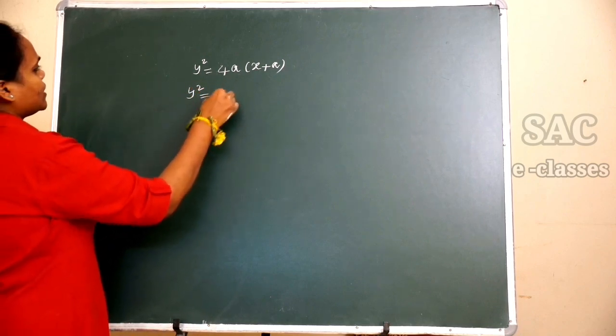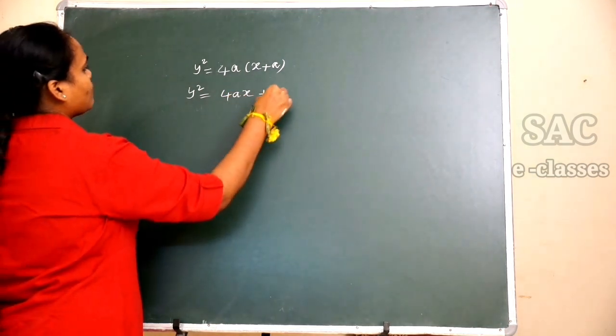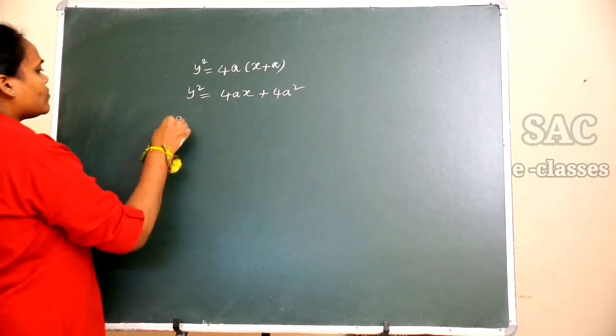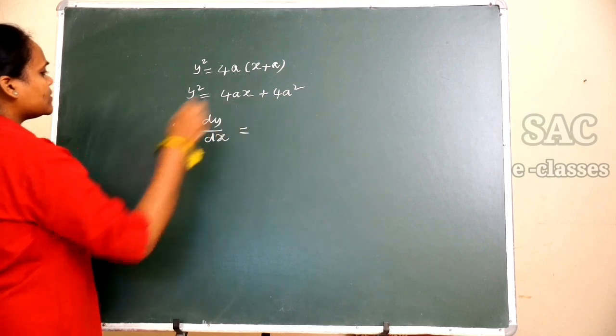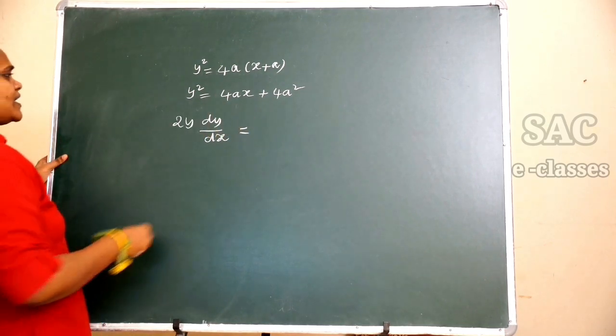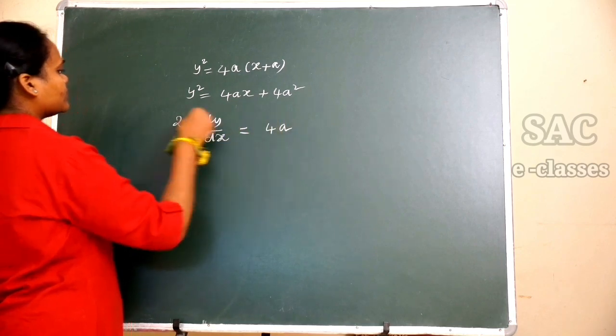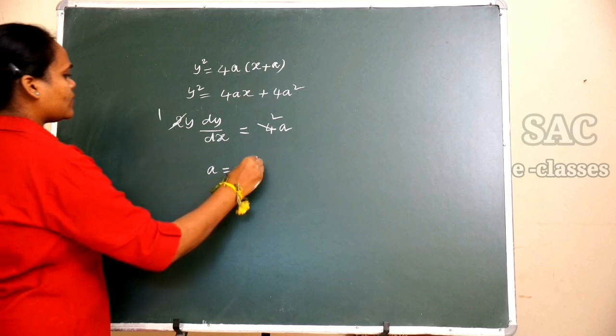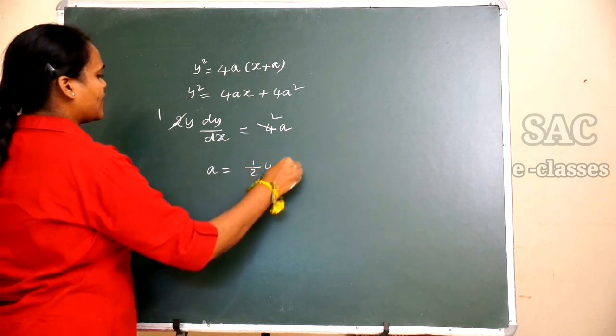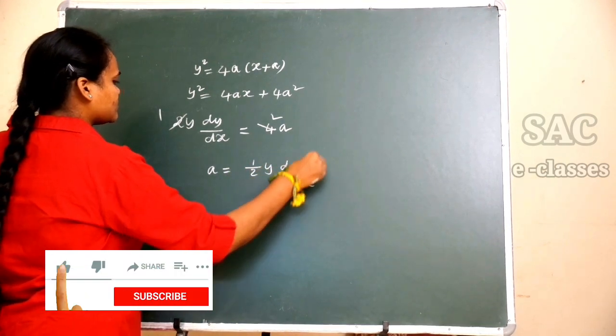Expanding, 4ax plus 4a square. Now differentiate with respect to x: 2y dy by dx is equal to 4a. So the value of a is 1 by 2 into y into dy by dx.